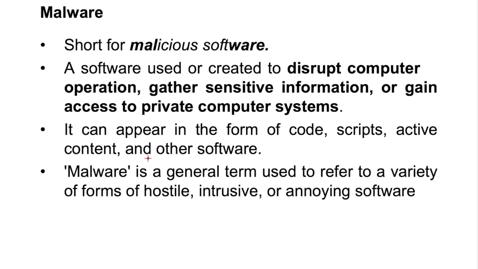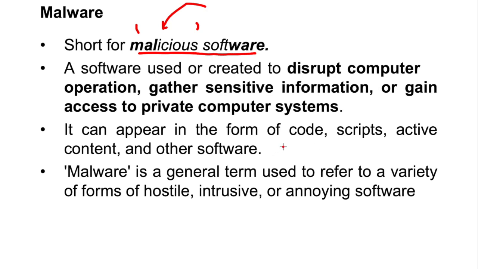So malware, short for malicious software. Any software that is malicious, or you can say injurious, or not good for your computer, is basically malicious software. A software used or created to disrupt computer operation, gather sensitive information, or gain access to private computer systems.